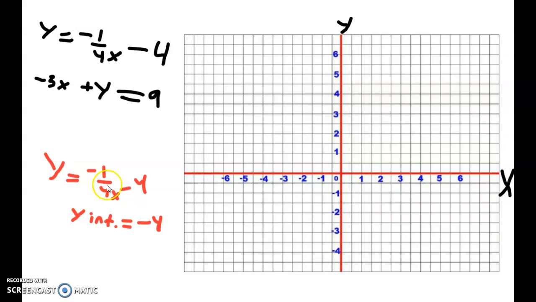Then the slope would have to be negative 1/4, because the slope is always y over x. So yeah, it's y over x, so negative 1 is the y over 4, which is the x. So the slope for this problem would be negative 1/4.